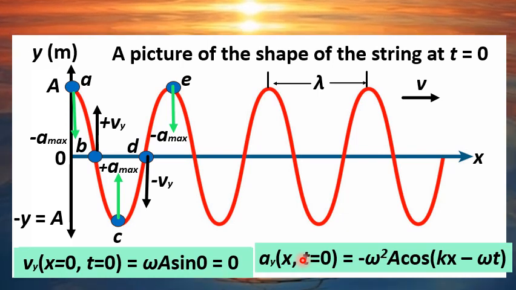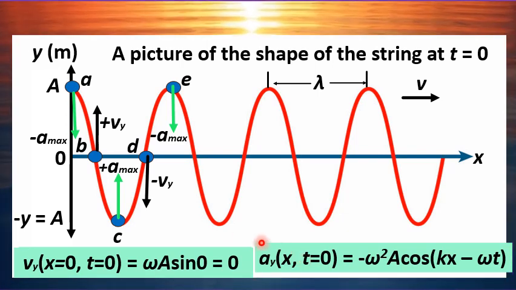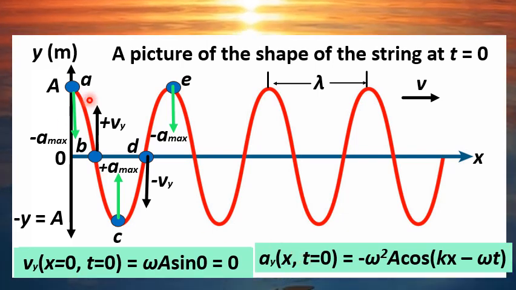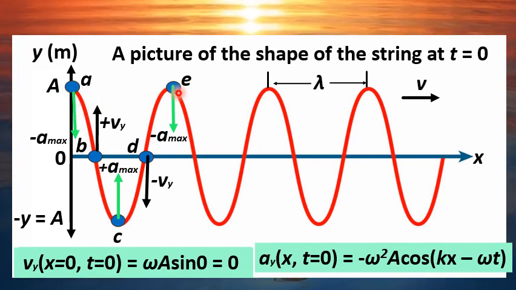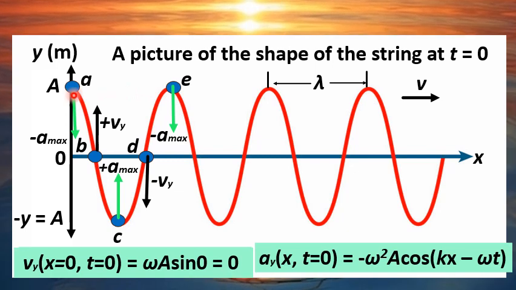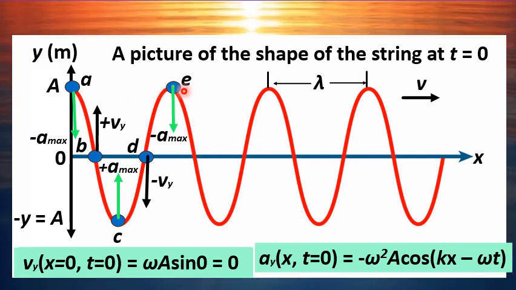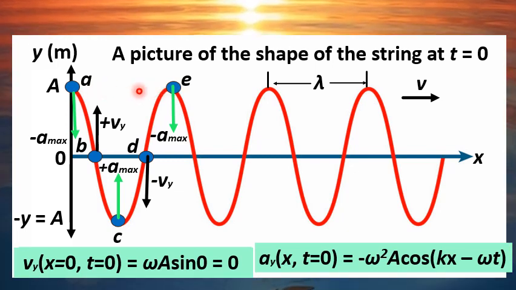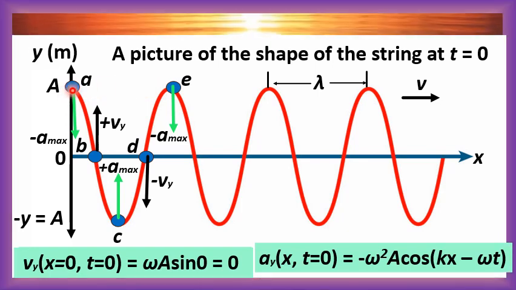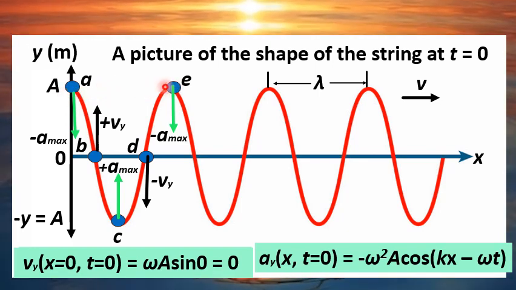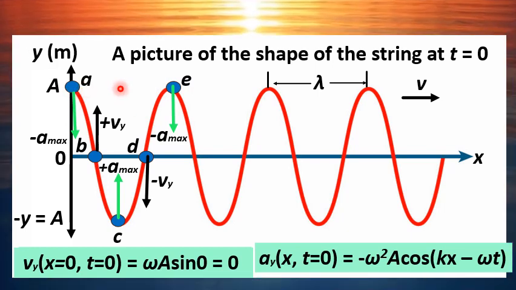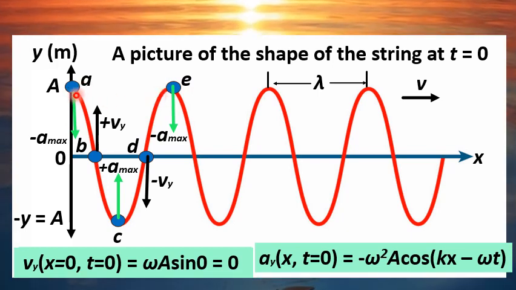And earlier we said that the acceleration of particles like particle A and particle E, which are both located at the positive maximum y displacement, has a maximum magnitude, but it has a negative sign.